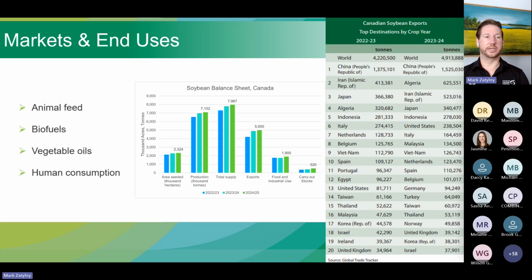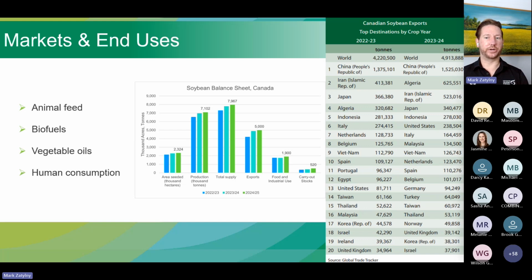The majority of the crop does go to crush plants where soy oil is produced, and that soy meal is then given to livestock for feed. So that is a lot of the market there. But in the States, they also put a lot towards biofuels, and then obviously human consumption as well. But I believe that is around 7% of the market.